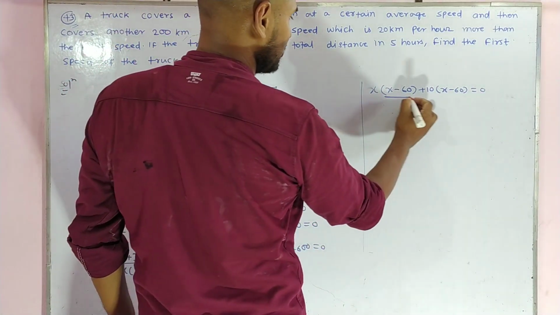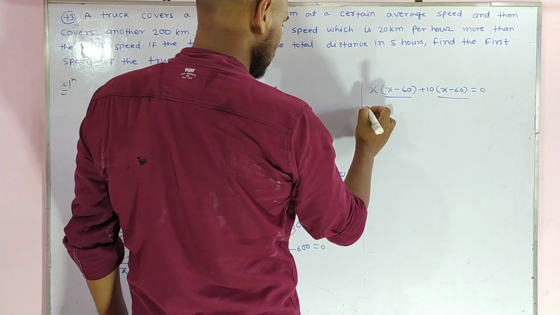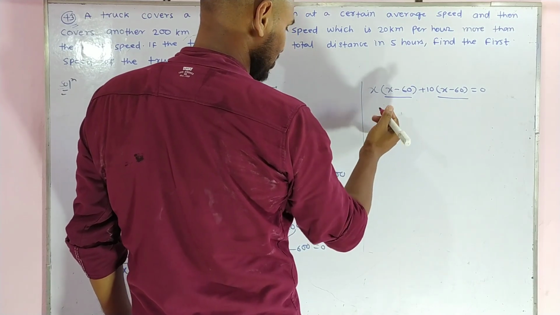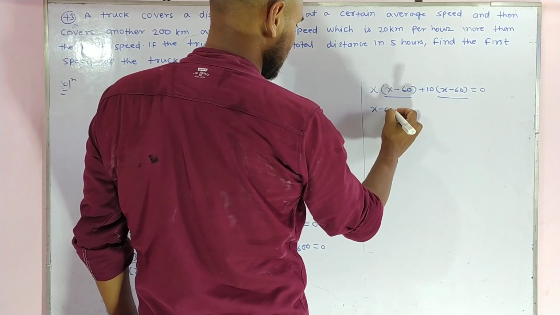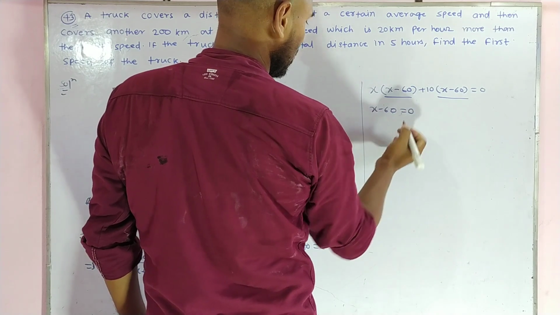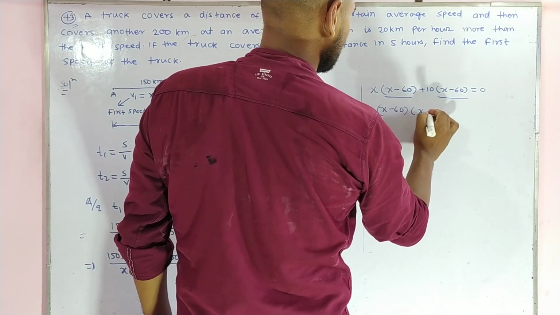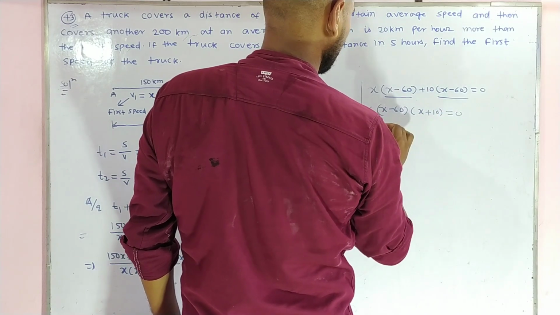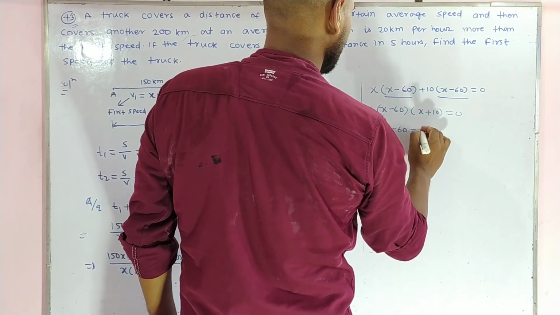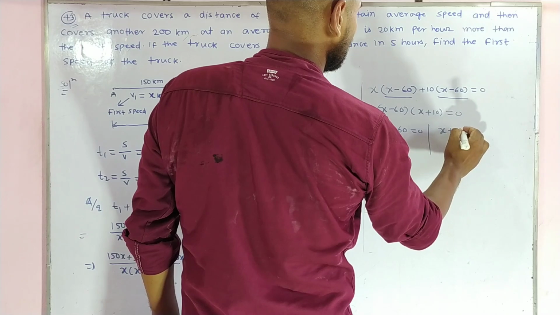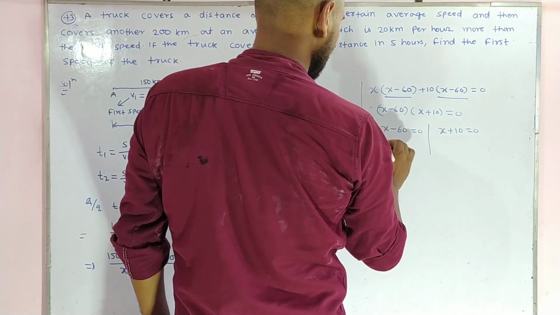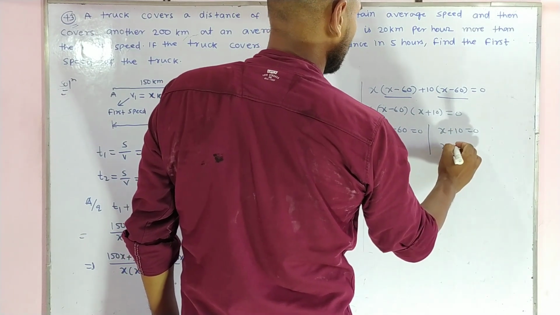We know that x minus 60 is common in both terms, so we take x minus 60 as common, and x plus 10 will be remaining, equal to 0. So x minus 60 equal to 0 and x plus 10 equal to 0. From there x equal to 60 and x equal to minus 10.